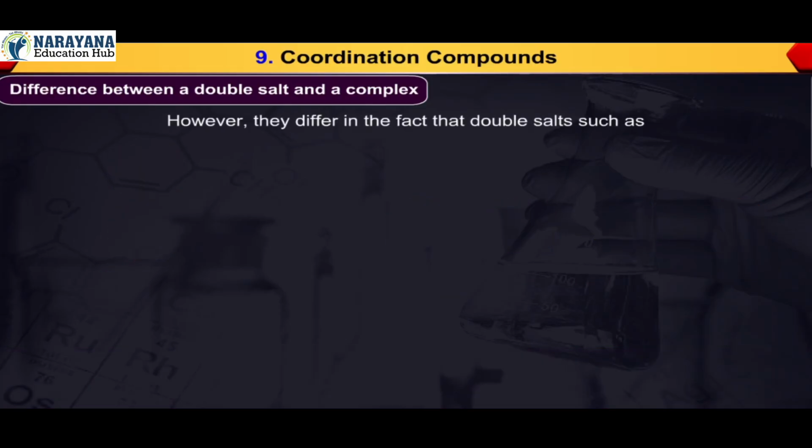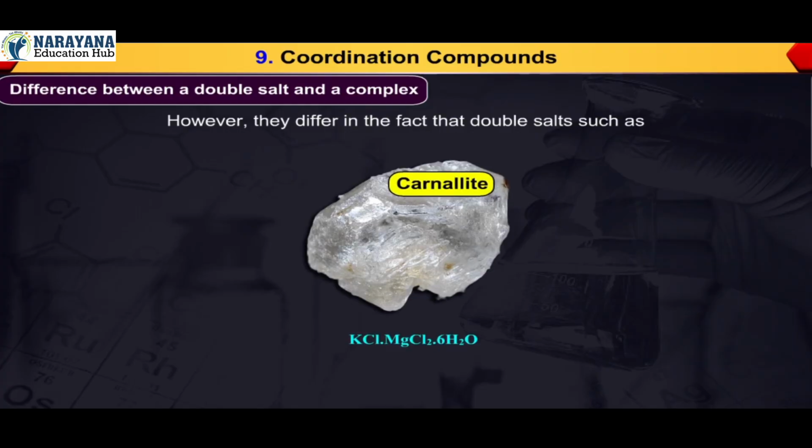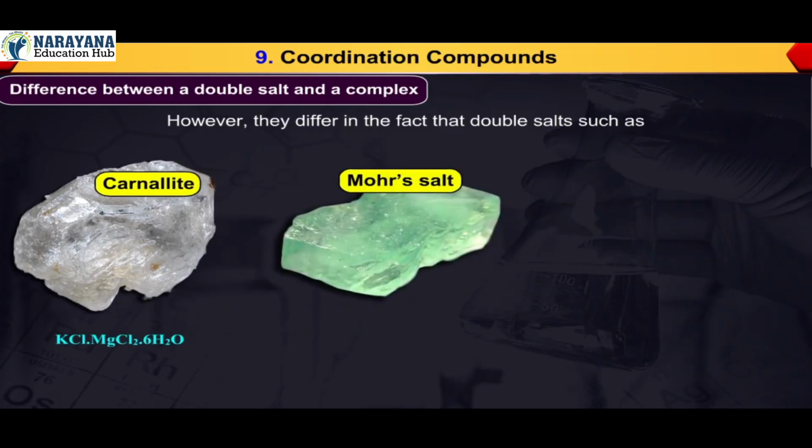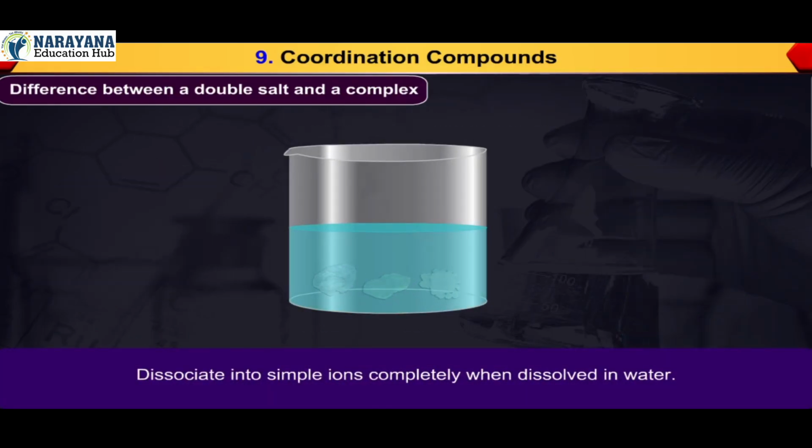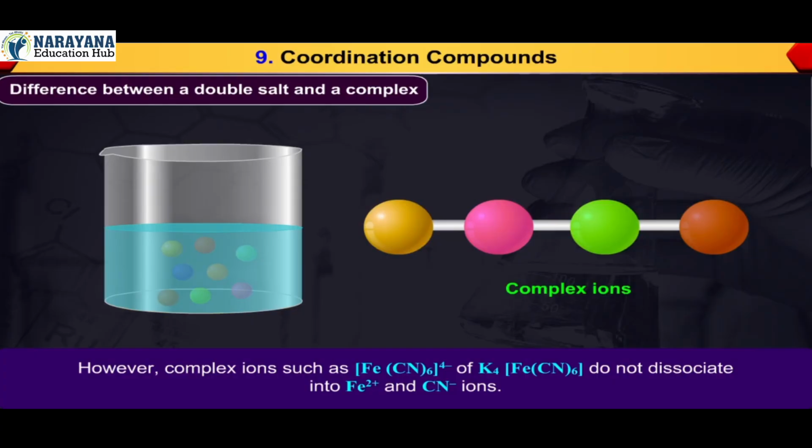However, they differ in the fact that double salts such as carnallite, KCl·MgCl2·6H2O, Mohr's salt, FeSO4·(NH4)2SO4·6H2O, potash alum, KAl(SO4)2·12H2O, etc. dissociate into simple ions completely when dissolved in water. However, complex ions such as [Fe(CN)6]4- of K4[Fe(CN)6] do not dissociate into Fe2+ and CN- ions.